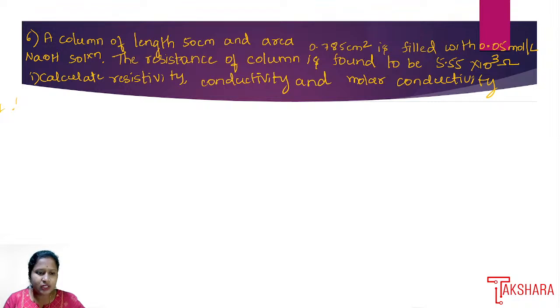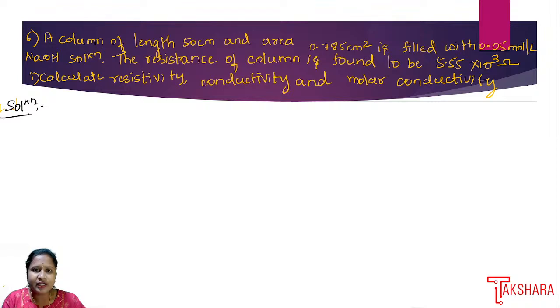See, based on this question, first we'll write down what data is given. Solution: a column of length 50 centimeter and area of cross section 0.785 centimeter square is filled with 0.05 mole per liter NaOH solution.